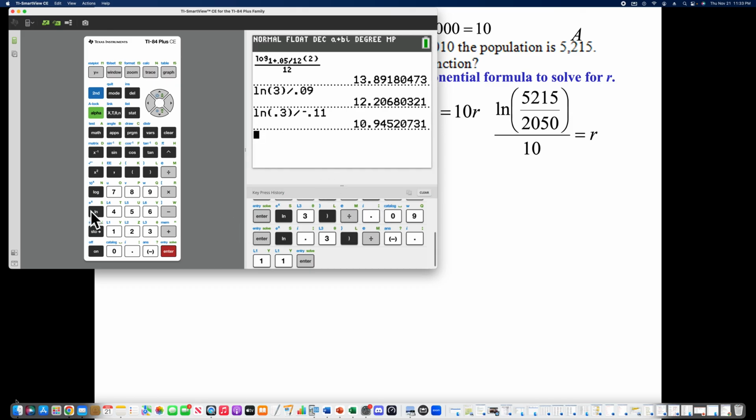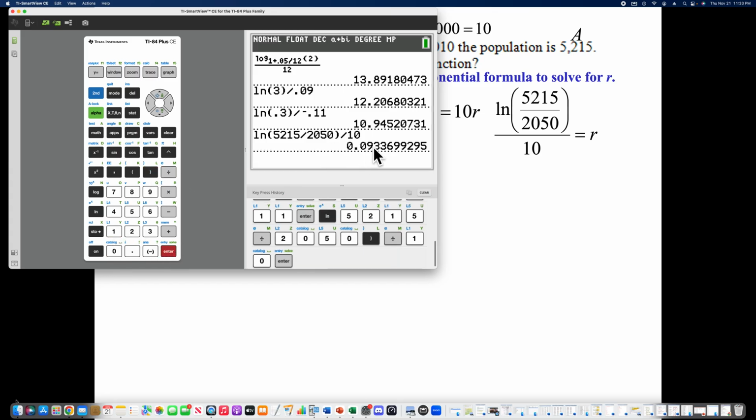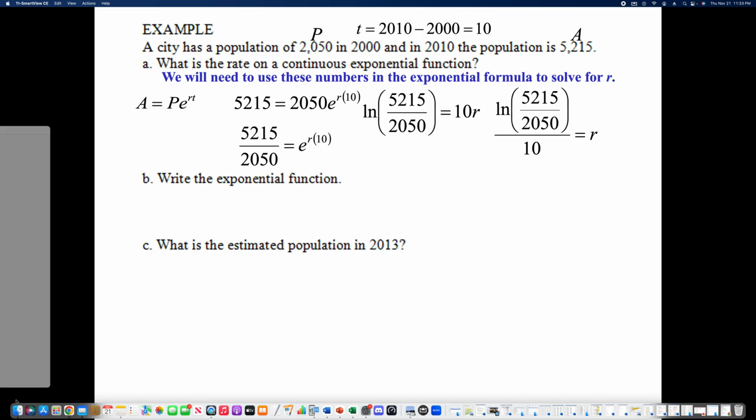So the natural log of 5215 divided by 2050. Then I have to divide that whole thing by 10. And 0.09336999295. That's my answer.